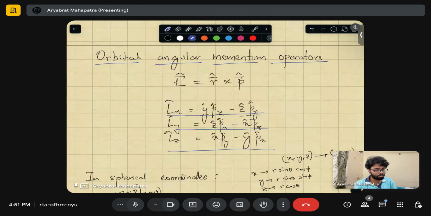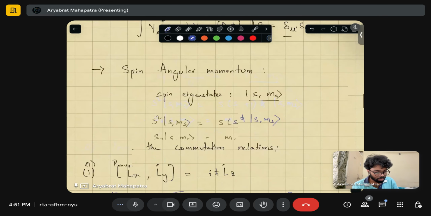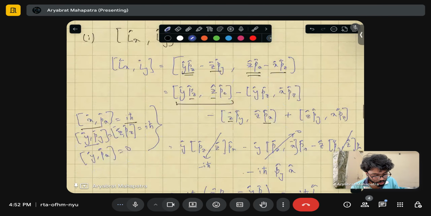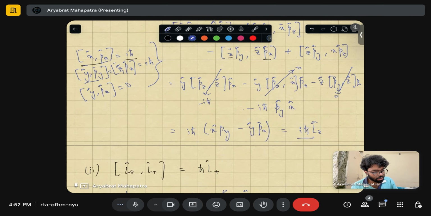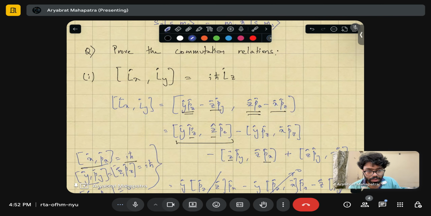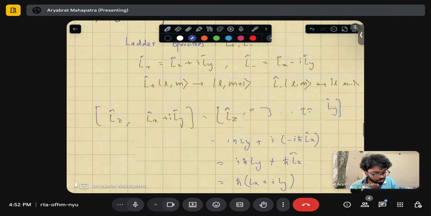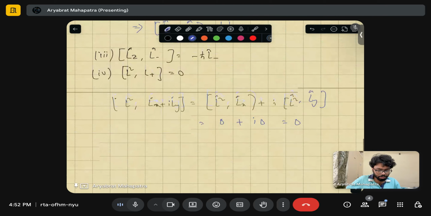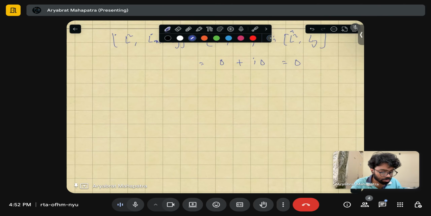For that you need the Heisenberg commutation relation, the uncertainty relation x p equals i h bar, just like how we proved the I h bar LZ value for the commutation of LX and LY.